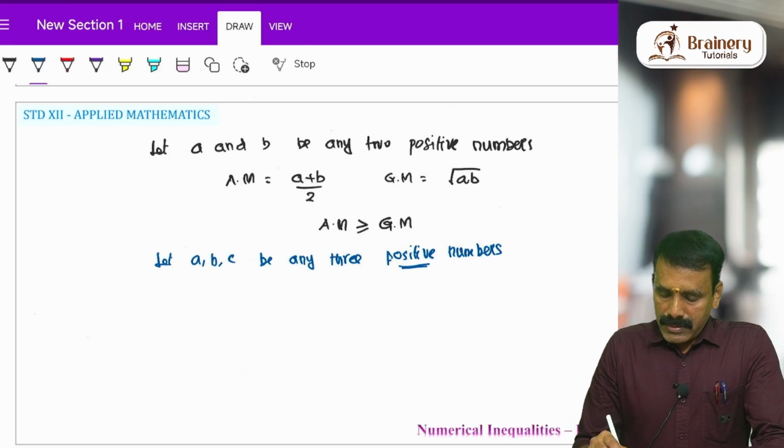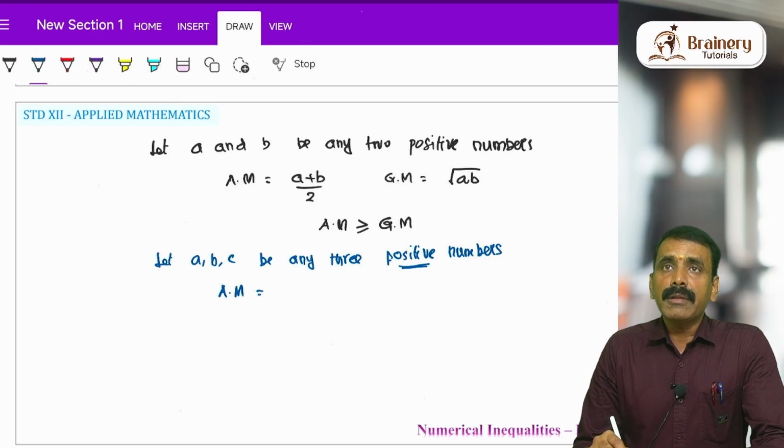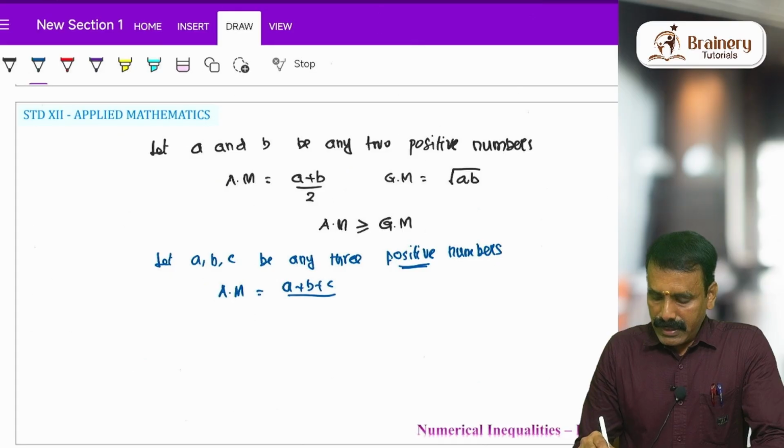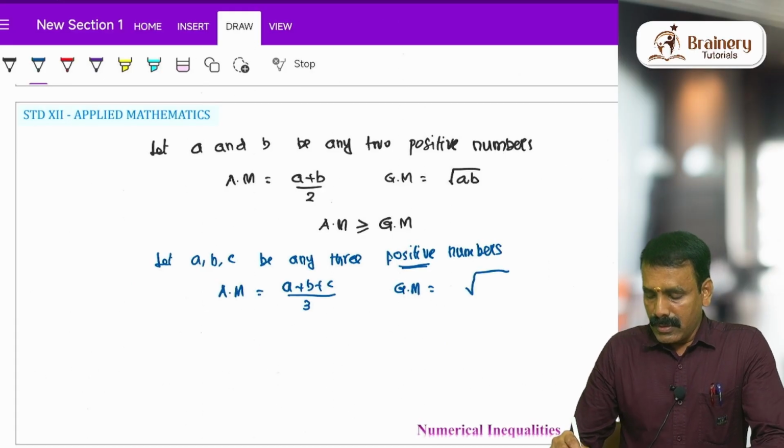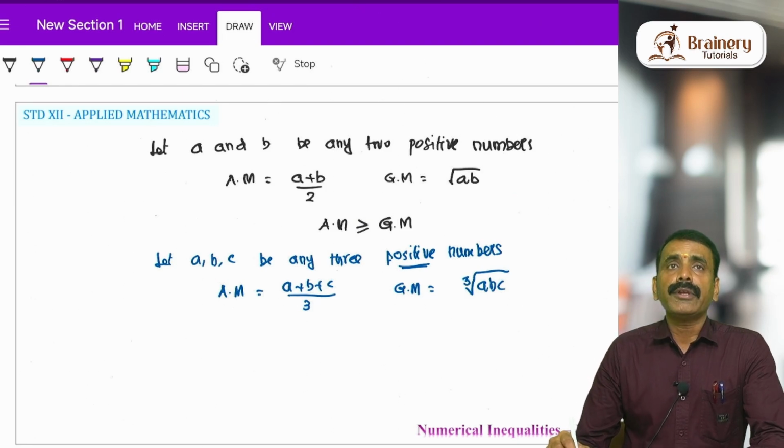So the arithmetic mean of three numbers will be (A plus B plus C) by 3. For the geometrical mean, we find the product of three numbers, but we are not supposed to take the square root, we have to take the cube root, because we find the product of three numbers.